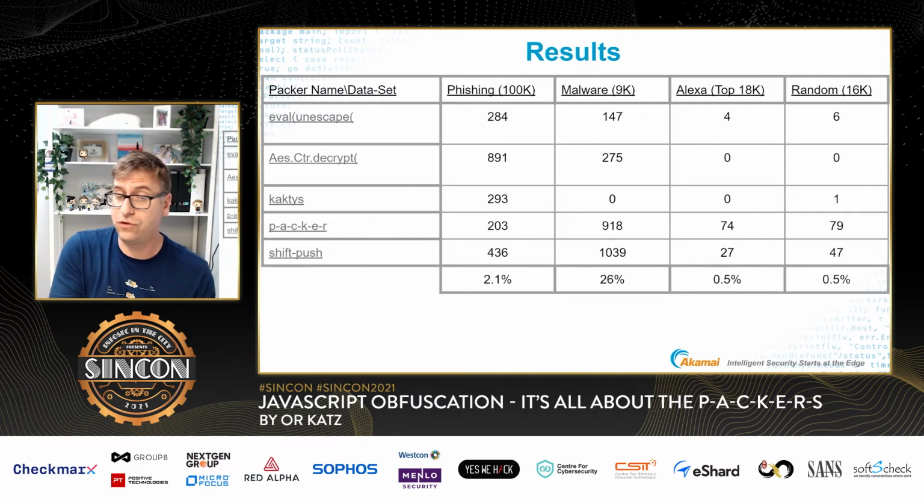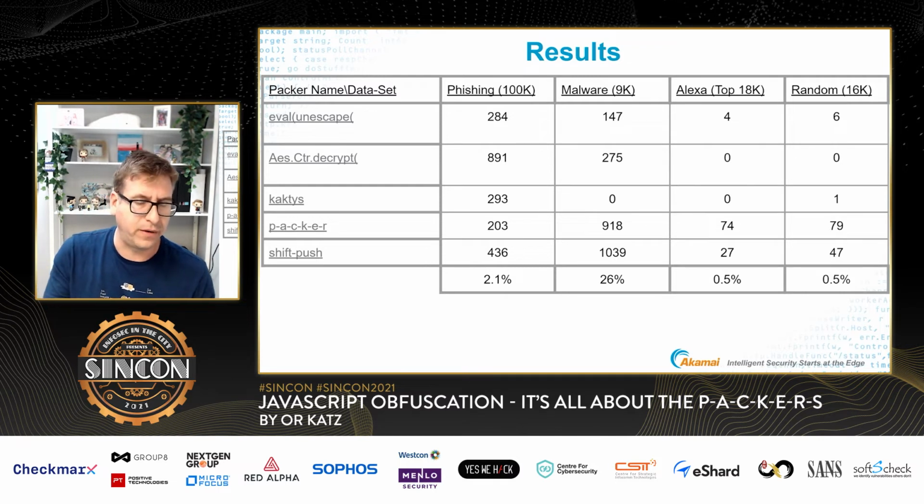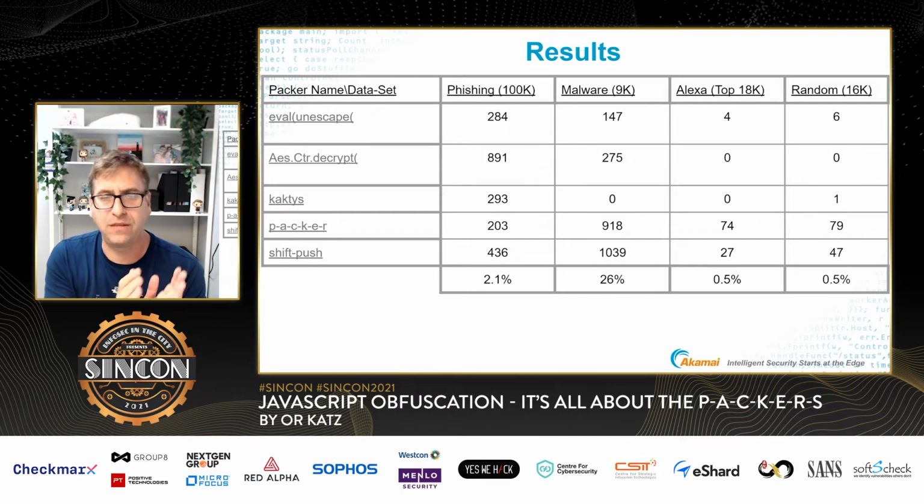So the phishing is 2.1%, the malware is 26%. That's the interesting number here, right? That means that when I take a really precise data set and examine it, 26% of that data set, representing malware, and some of it was phishing and crypto miners and stuff like that, was using JavaScript obfuscation as a technique to try to evade detection, which is amazing.